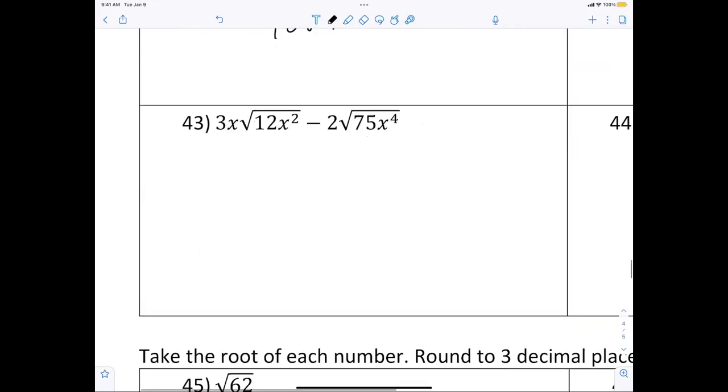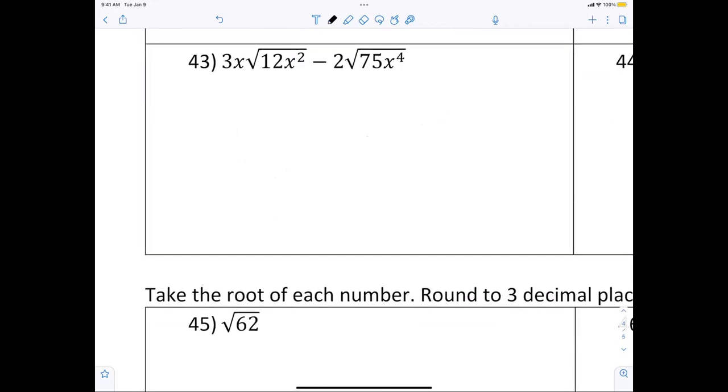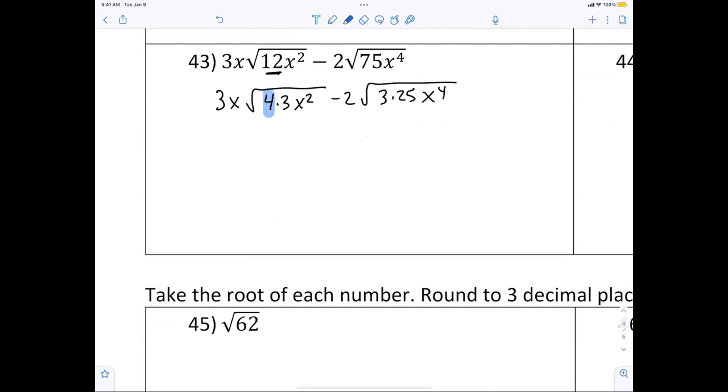All right, let's see if we can do 43, a little bit harder. So how do I break 12 down? What about 75? Good job. Okay, so now what's the square root of 4?